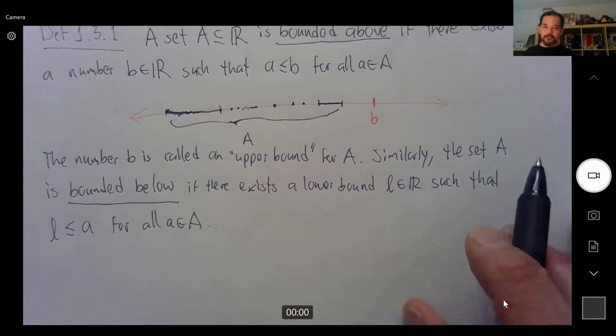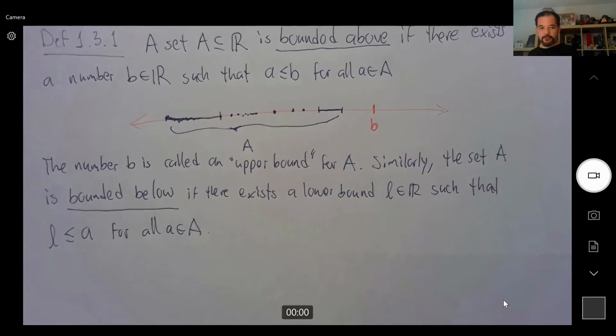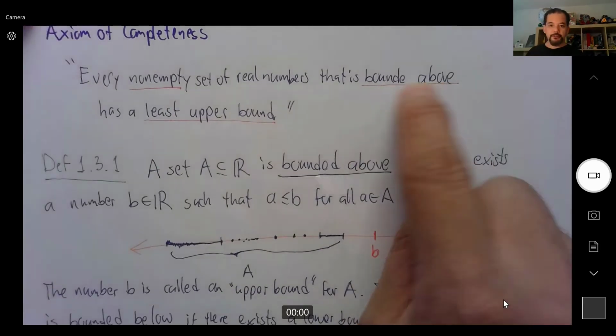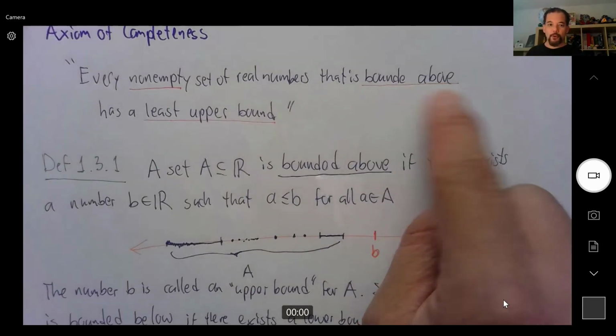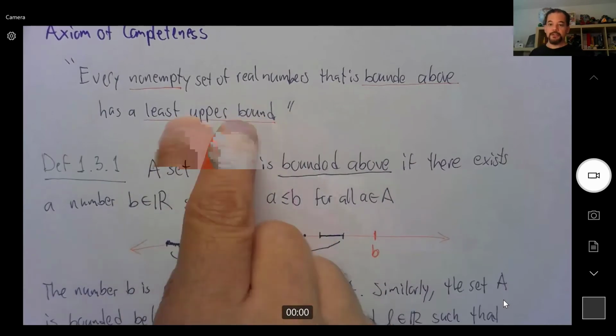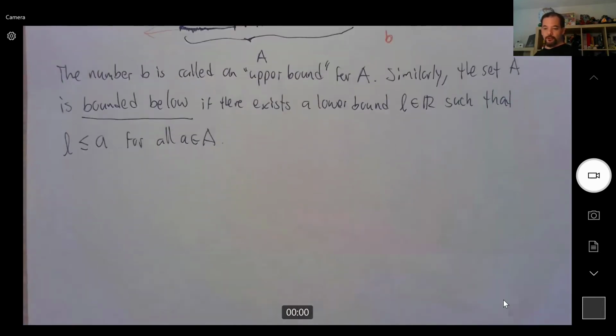I didn't say that number L is called a lower bound. I sort of put it in that definition. Okay, so that takes care of this part, right? What is the meaning of bounded above? Now let's talk about this part. What is the meaning of the least upper bound? And then, of course, we want to understand all of these by looking at some examples.